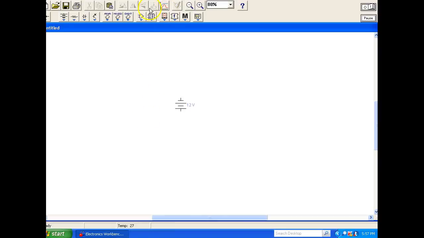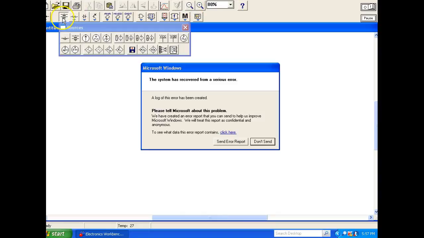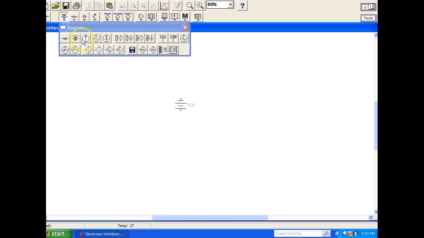Okay. So what I'm going to do is come over here and bring in an AC source. Hopefully it doesn't crash on me. Now if we had a fuse in here, this would blow. So I'm going to hook it up to a DC source. First of all, I don't know if it'll let us get by with it, we'll see.